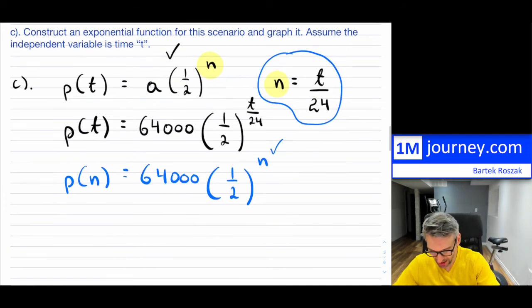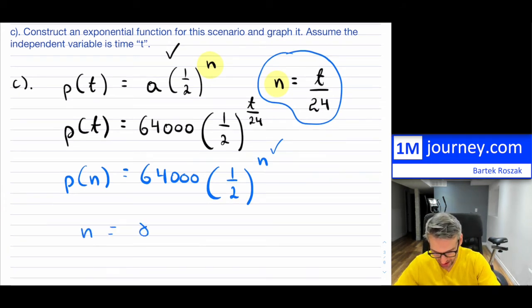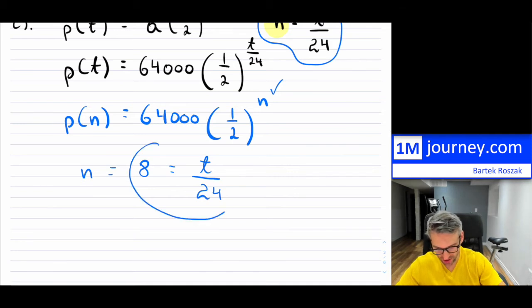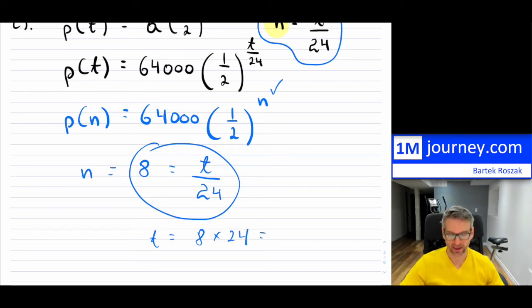So how many days would this take? Well, if n is equal to 8 periods, don't forget n is equal to your time in days divided by 24, where 24 is the amount of time it takes to halve your population of the virus. So if I'm going to solve this equation, it's not a very hard equation to solve, t is 8 times 24, and there you have it.